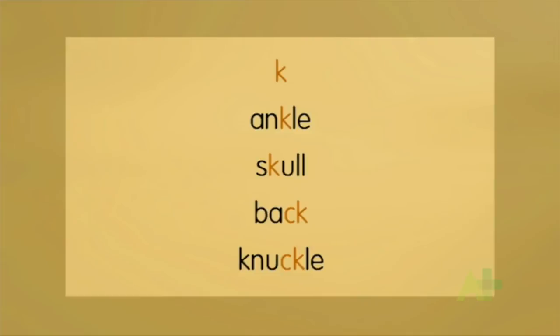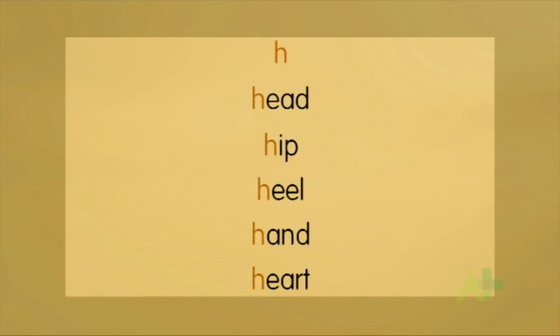Some good examples are ch words, chest, chin and cheek, or K sounds, ankle, skull, back and knuckle. Or words that start with H, head, hip, heel, hand, heart. In this way, you'll be able to practice body parts and pronunciation at the same time.